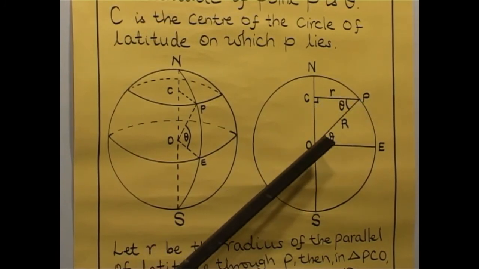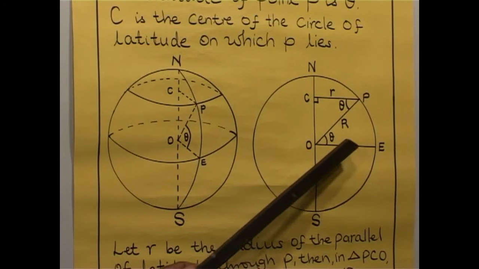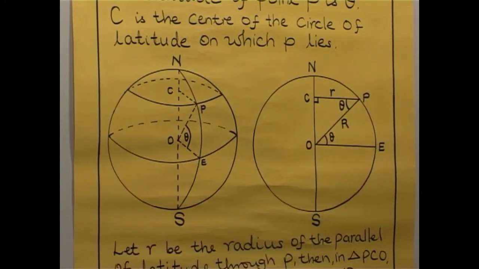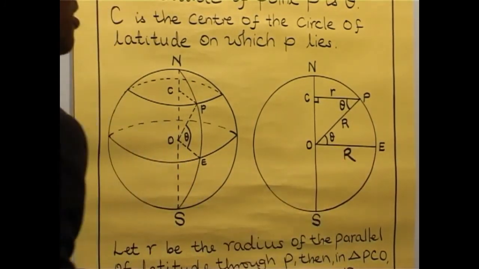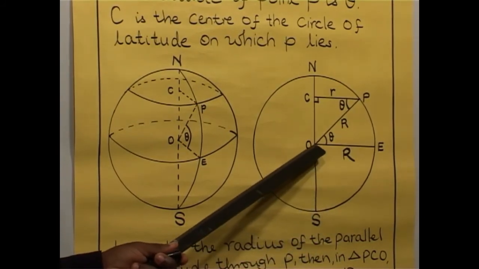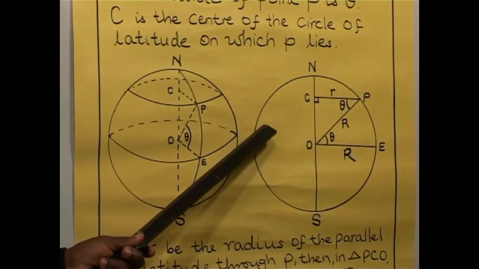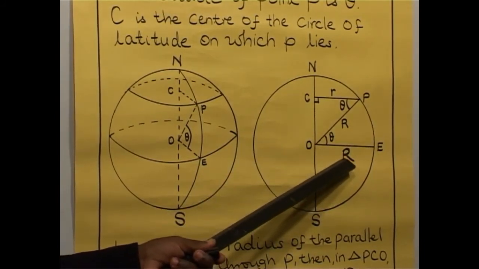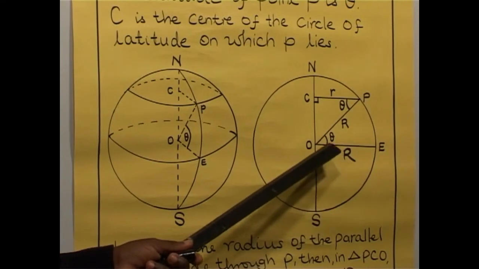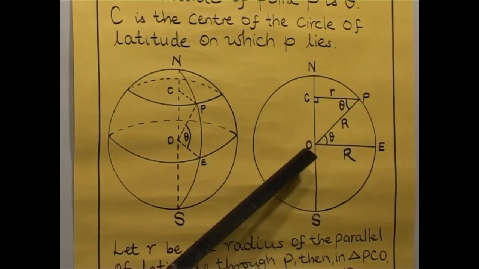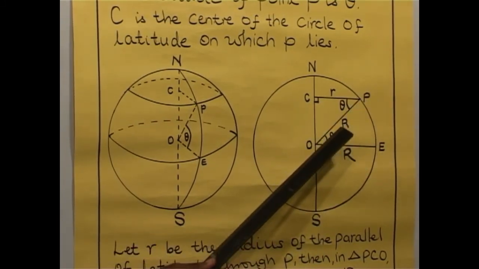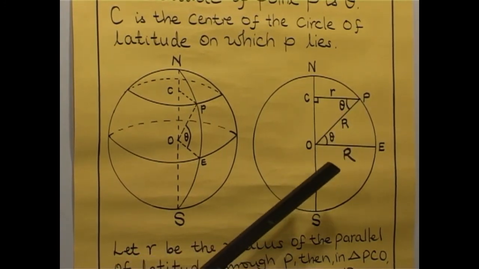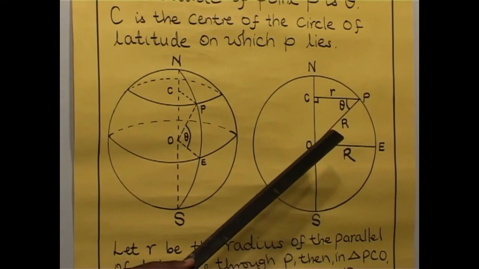CP, and then we have also OE, which lies on the equator, and that is the great circle which will have the radius of the Earth. So from the center of the Earth, which is O, to any point on the circumference, it will still be equal to capital R. So from here you discover that since CP and OE are parallel, and OP acts as the transversal, there are angles that are formed, which we may call angles associated with parallel lines.